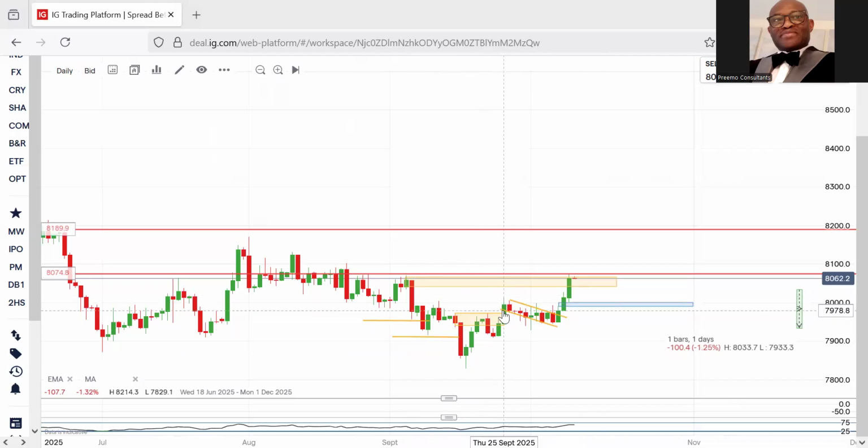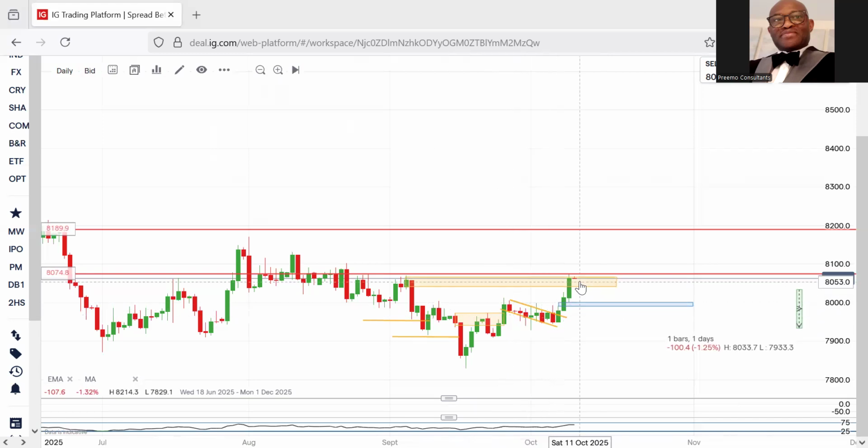As you can see, price is now in an uptrend after creating a pullback by way of a flag. You can see the double yellow line here that looks like a rectangular shape, actually a bullish flag.